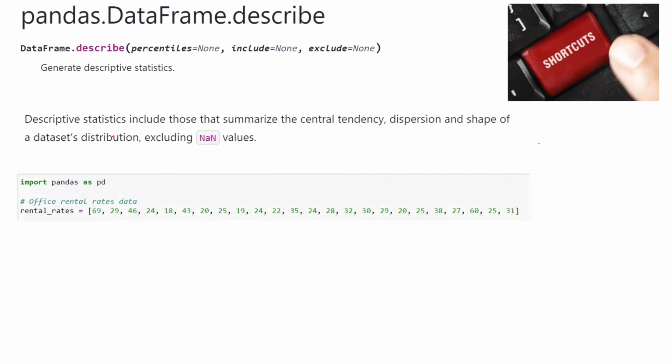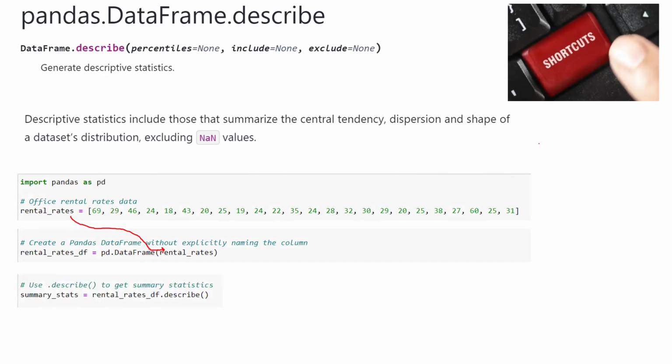Well, if you have rental_rates, you can use pandas and convert that into a data frame. So rental_rates_data_frame is equal to pd.DataFrame, and then you just pass in this list. It creates a data frame for you.